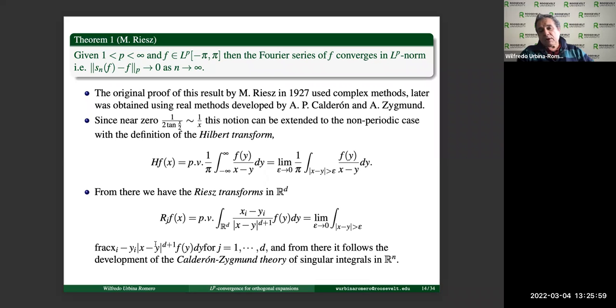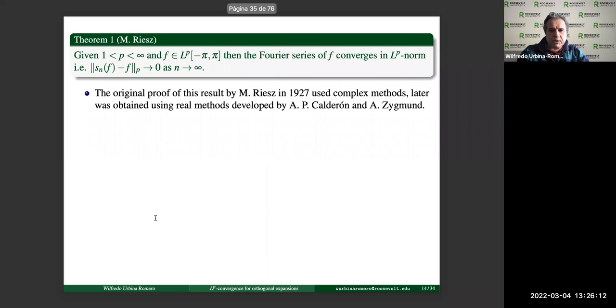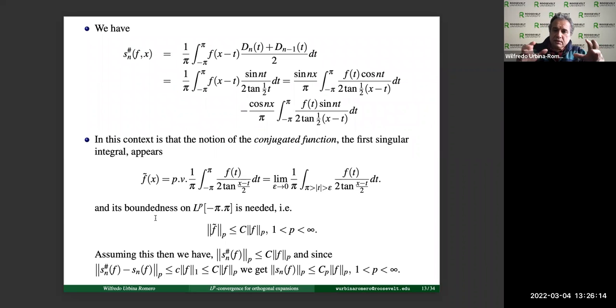And from there, you can go all the way up to 1952, when Calderón and Zygmund gave a whole theory about singular integrals in R^n. So, as I said, all this theory was developed because the partial sum has a kernel which is singular. That implies a singularity, and then implies a singular integral.